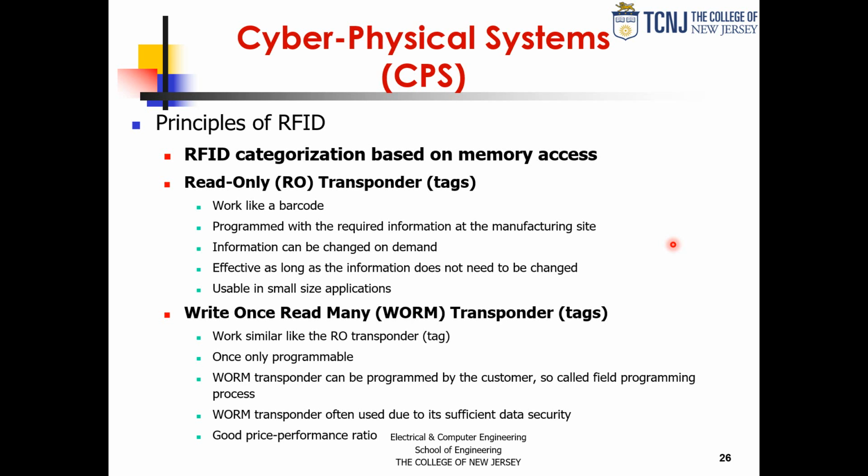Then the other one is what we would call write once, read many. That is a type of memory that you write once and then it becomes a read-only memory. Normally you write these memories on some type of platform, and then you deploy it to the object you want to identify.